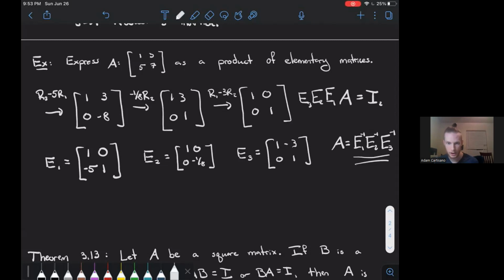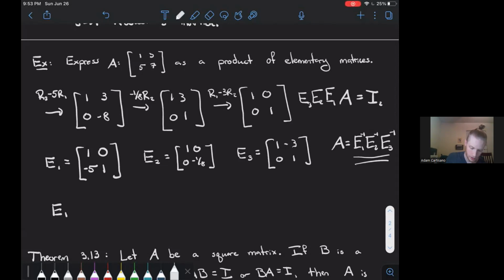To finish the job, we just need to write down what these matrices are. Right, so E1 inverse, here we go. First of all, we don't need to check invertibility for all of these because they're elementary matrices, they're invertible. Their inverses, well, let's compute them using the formula for inverse of a 2x2 matrix.